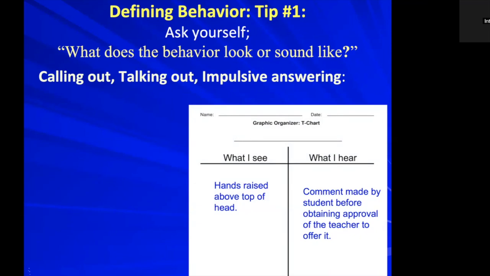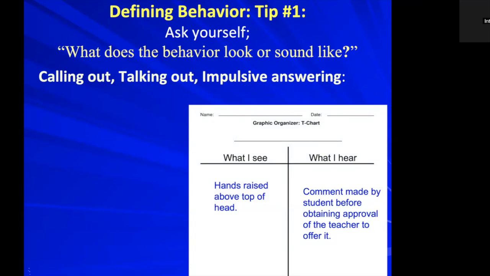A little bit of assistance, a way we can help ourselves be precise, observable, and measurable in our definition is to make a T-chart. You just draw that T, lowercase t, across your paper, and ask what do you see when the behavior is happening, and what do you hear when the behavior is happening?